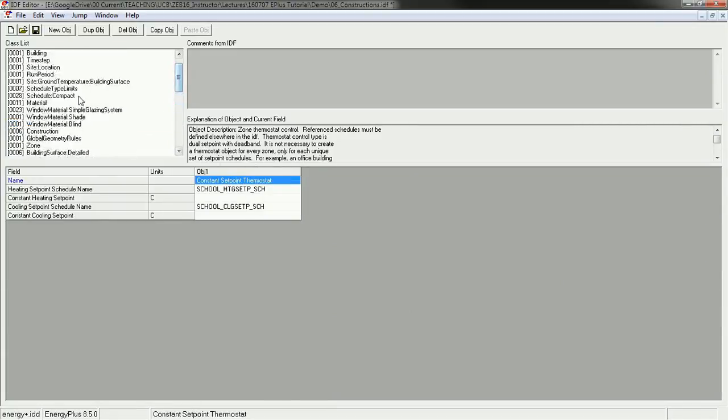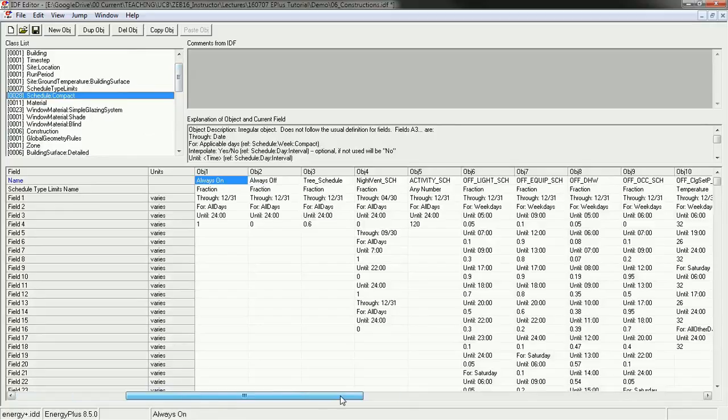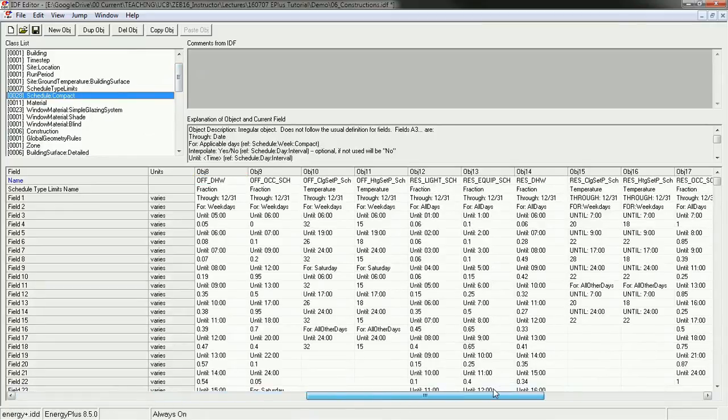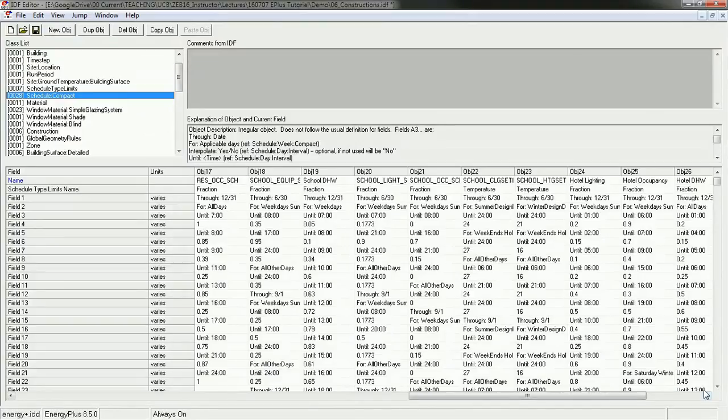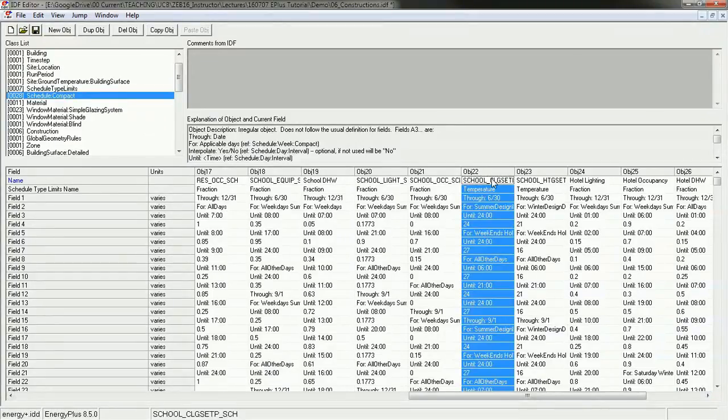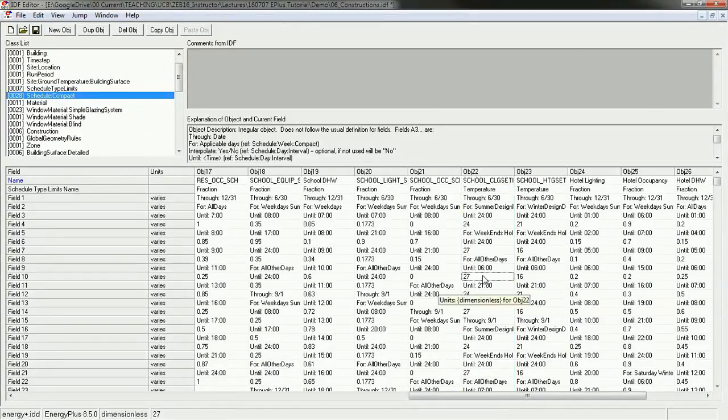So going back to my school thermostat here, I was trying to make a point about the cooling system. In Worcester, there is no cooling system, and so what I would do practically is to jack this up to a very high number, like 40 degrees, and then I shouldn't get any cooling out of it, because it just means that if the indoor temperature is above 40 degrees, the cooling system will go on.